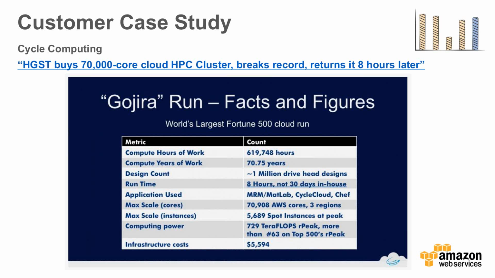In this case, 5,689 spot instances were up and running at its peak. All this compute processing was completed at an amazingly low cost of $5,594, and that is for a 70,000 core compute cluster. You can read more about this on Cycle Computing's website, and we can provide you with the link afterwards.